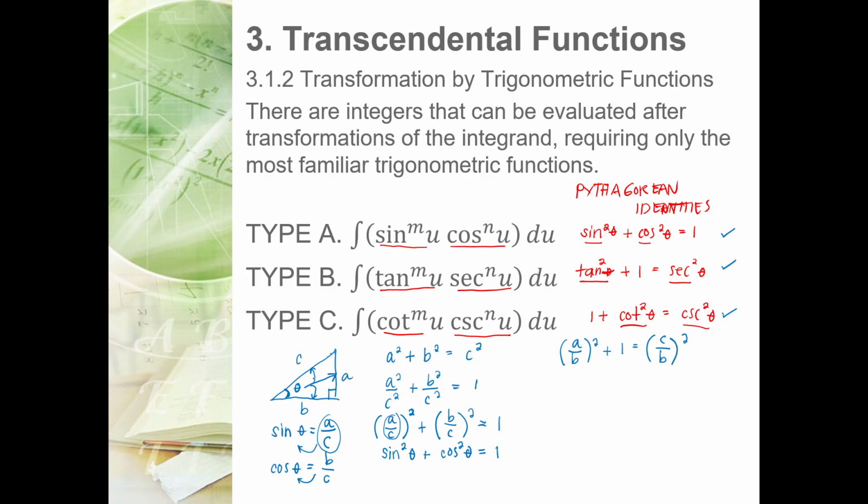Looking at your triangle, a over b is the opposite over the adjacent side, so that will be tangent theta. Pertaining to the angle theta, the opposite side is A and the adjacent side is B, so A over B is equal to tangent theta. For C over B, that's the hypotenuse over the adjacent side.